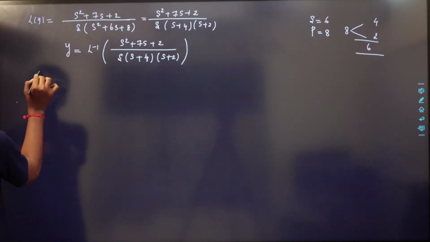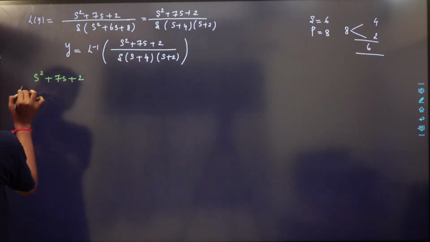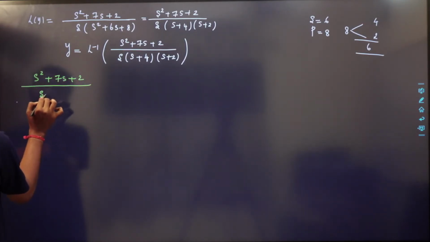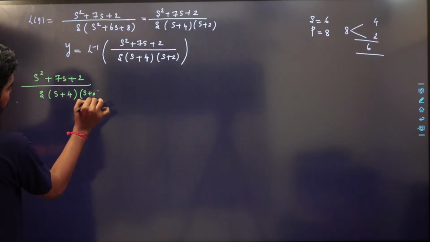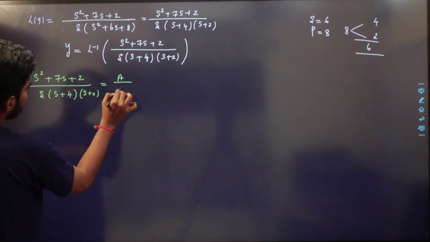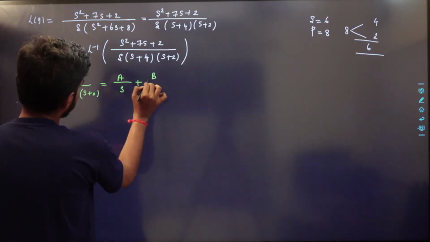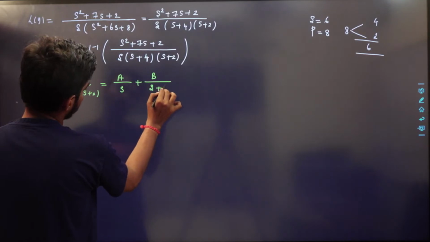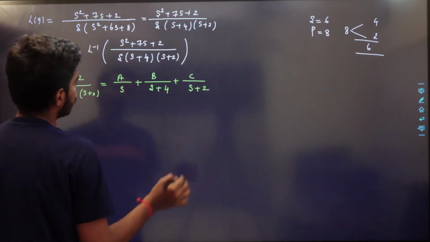Now we will take this function and do partial fraction. So we have (s square plus 7s plus 2) divided by s into (s plus 4)(s plus 2). So this is A by s. You can see all are distinct roots. So A by s, B by s plus 4, C by s plus 2, right?